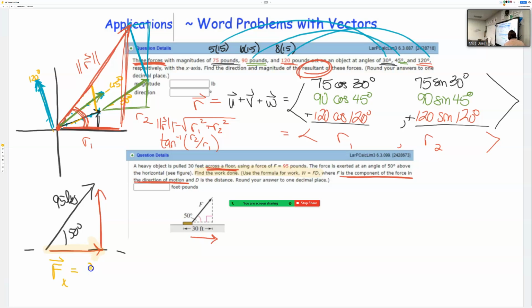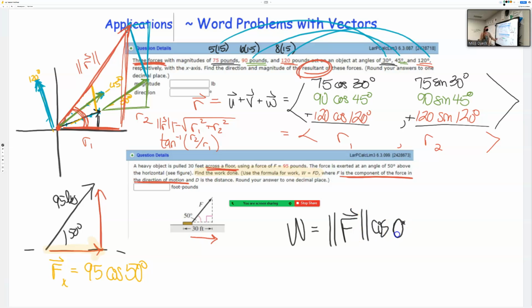But I'm going to do magnitude, cosine, angle as my force in the direction of the motion. And as long as something is being dragged across the ground, I have a formula for work every time. Because I can just say, it's the magnitude of the force times cosine of the angle at which it's being exerted times the distance.